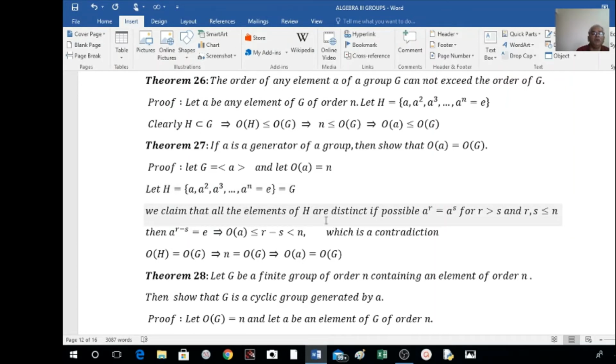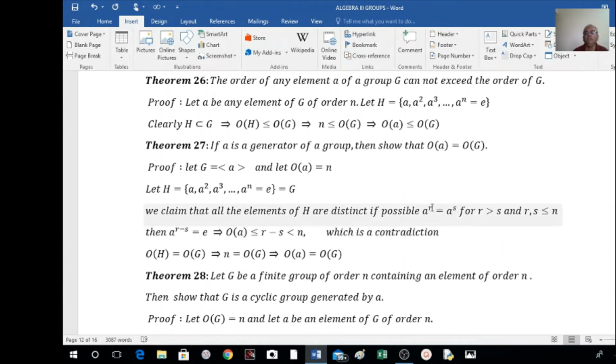If possible, suppose some two elements are the same, say A raised to R equal to A raised to S. You can take R greater than S, but both R and S must be less than or equal to n, because for any two elements here, the power is always less than or equal to n.